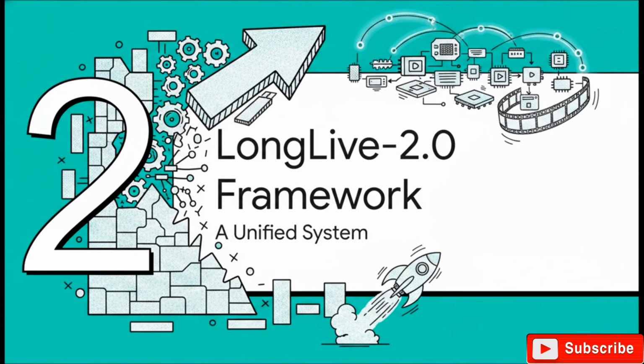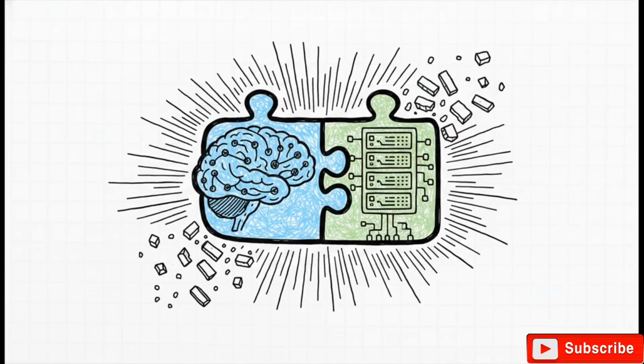Moving on to section 2, introducing the LongLive 2.0 framework. Faced with these seemingly impossible training and deployment bottlenecks, researchers didn't just go in and tweak the algorithm. No, they built something entirely new. And this is absolutely crucial to take away from this explainer. For way too long, the AI industry has treated the algorithm and the hardware infrastructure as two totally separate silos.